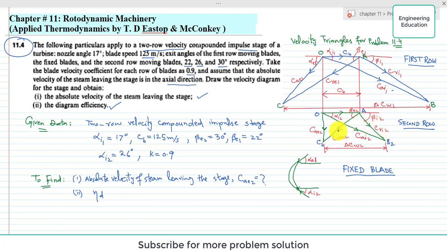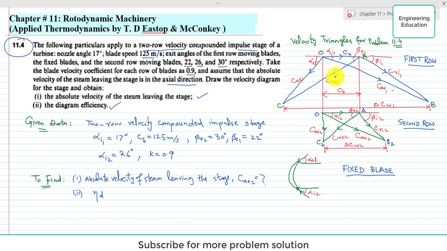Similarly, if we discuss these angles for each setup of triangles, so alpha I1 is the absolute velocity angle at inlet for first row. Similarly, alpha I2 is the absolute velocity angle for stage 2 at inlet. Similarly, for fixed blade, we have alpha I2 and alpha E1. So these are different notations used.